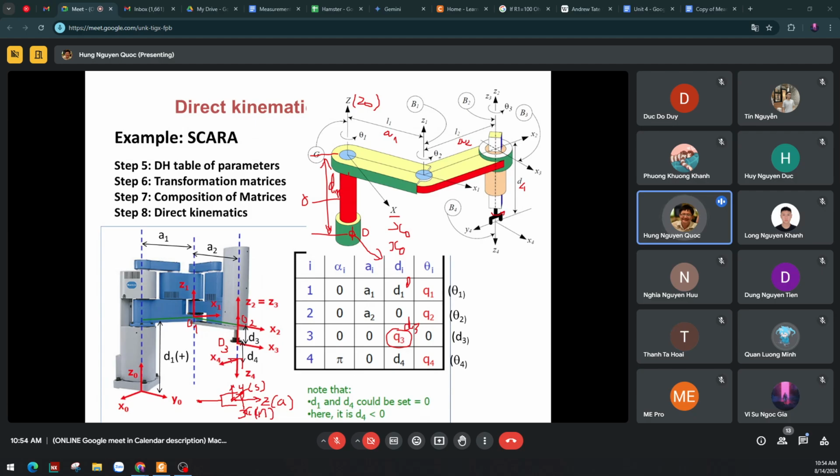So X is pointing down. Y is sliding. So you can choose X4 here, just for pointing down. So in this case, Y is here.